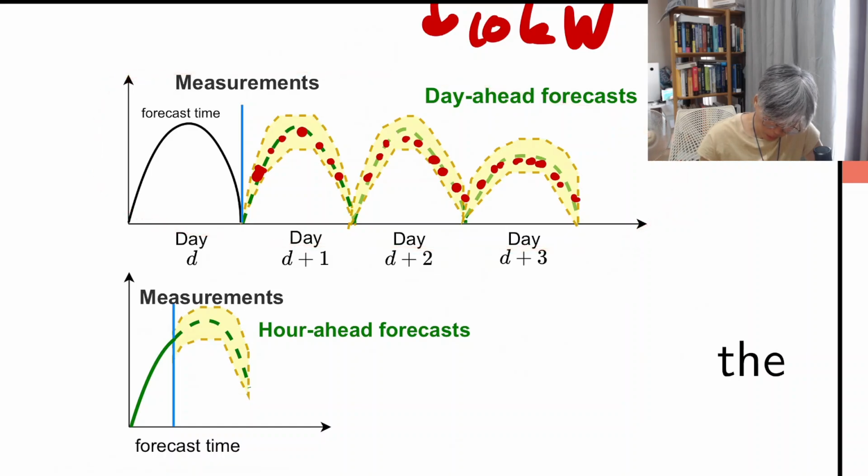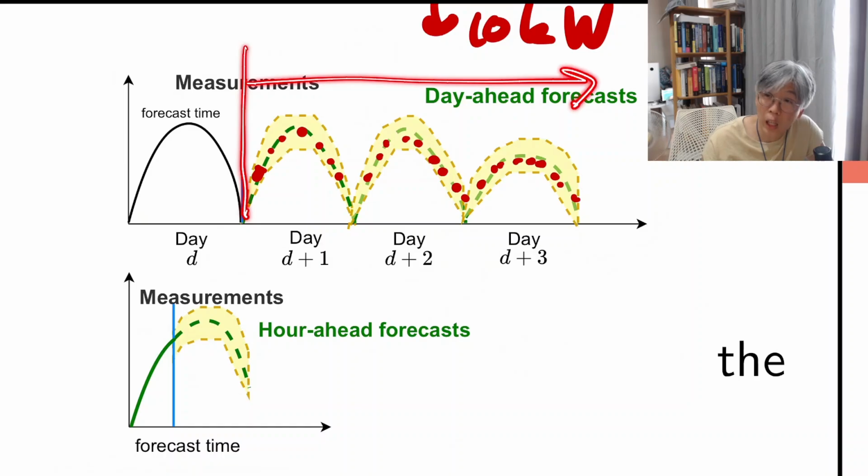In this example, my blue line marks the current time t. This is the time at which I perform the forecast. So this is an example of a 3 day horizon, because every time I perform a forecast, I look 3 days into the future.